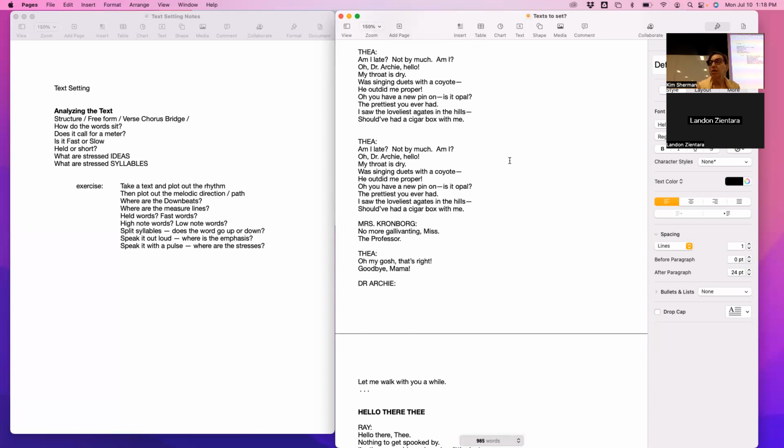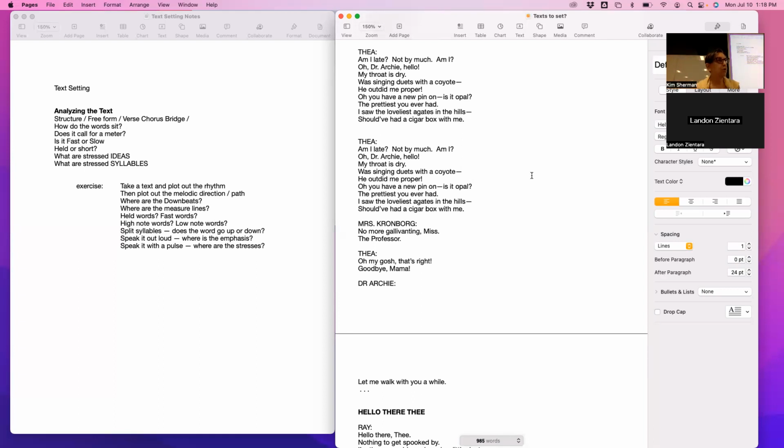The libretto is everything that is sung and spoken. It's the whole kit and caboodle of the opera text, story, and the words. And in this case, it's a little bit what we call recitative, which is the equivalent of spoken dialogue in opera.